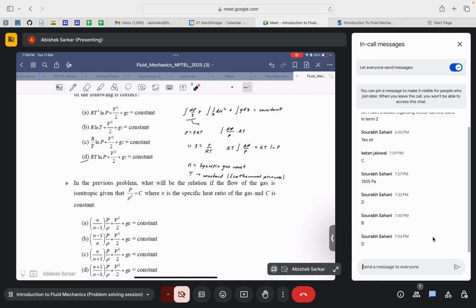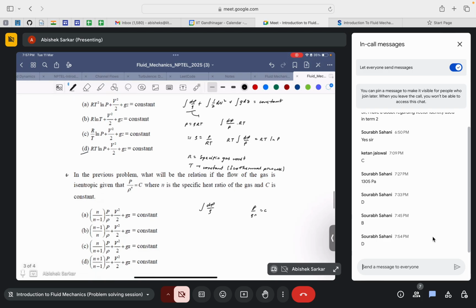So just do the same thing. It is dP by rho, then P by rho to the power n is a constant. Okay, so rho to the power n would be P by C, or rho would be P by C to the power 1 by n.